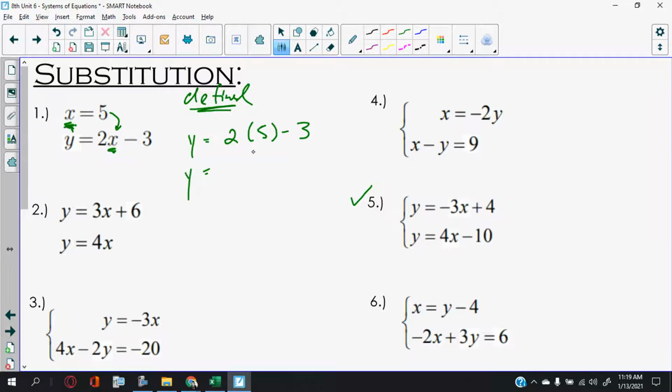Doesn't mean that it's not legitimate. So 2 times 5 here is 10 plus 3, so that's 7. So now some of you might say, so it's 7, what about it? If x equals 5, y equals 7, that is the point where these two lines will intersect.